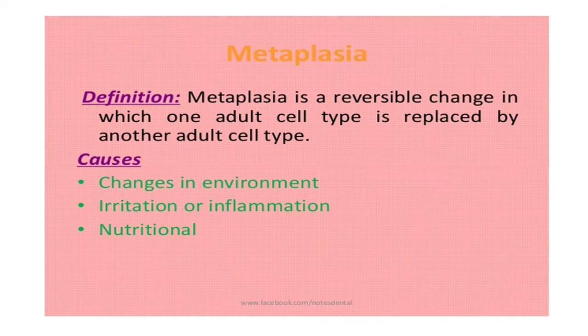It will move from its normal place of embedment and change just to suit the conditions of the stress, so that after that they can replicate. Causes may include changes in the environment, irritation or inflammation, and nutritional deficiencies may also cause a cell type to be replaced by another cell type.